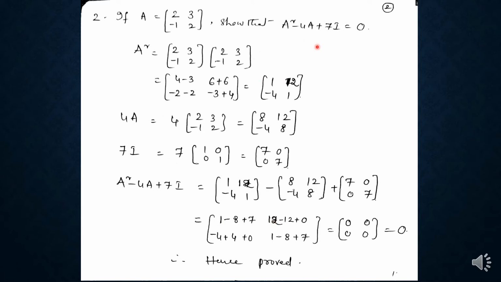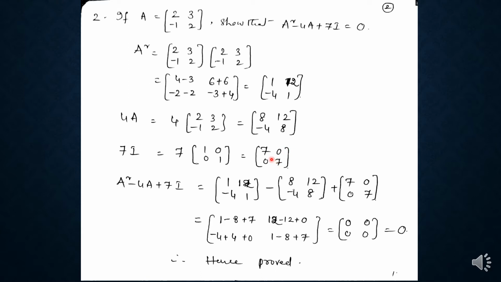Hence proved. So to prove this, first we have calculated the value of A square by multiplying A into A, two matrices. We got this one. And then we calculated the value of 4A, 4 into A, that is [[8, 12], [-4, 8]]. 7I means 7 into unit matrix [[1, 0], [0, 1]], that is [[7, 0], [0, 7]].